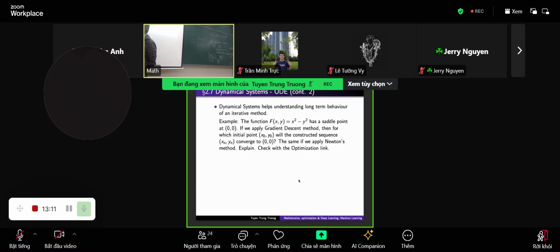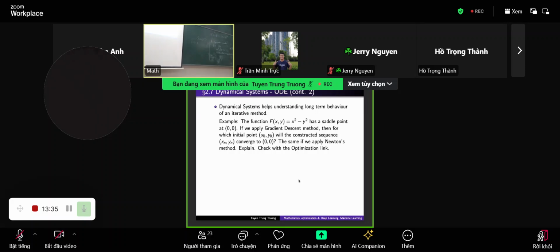This dynamical system, like I said, helps us understand iterative methods. If you have an iterative method and you apply it, what happens? What can you say about the sequence that you construct? Can you prove that it converges? Can you prove that it avoids saddle points?